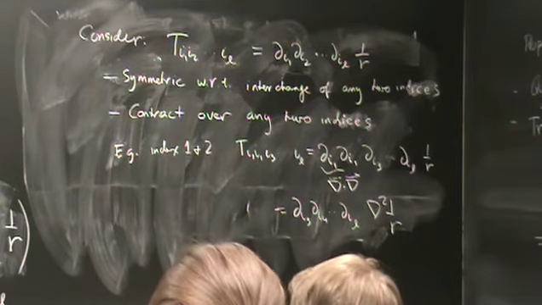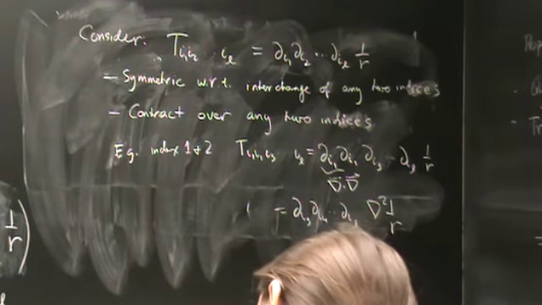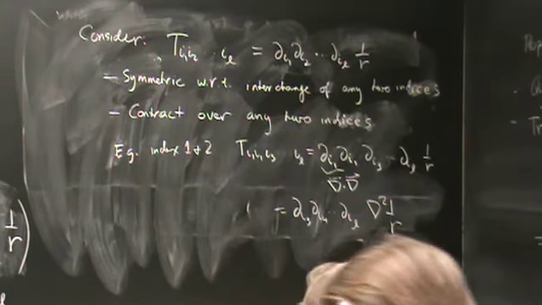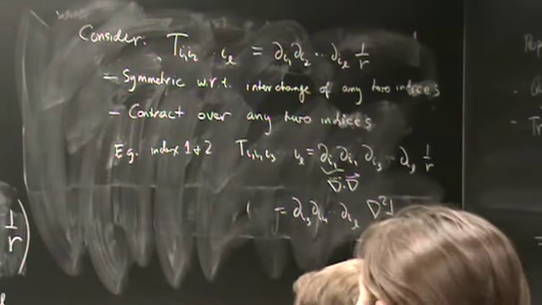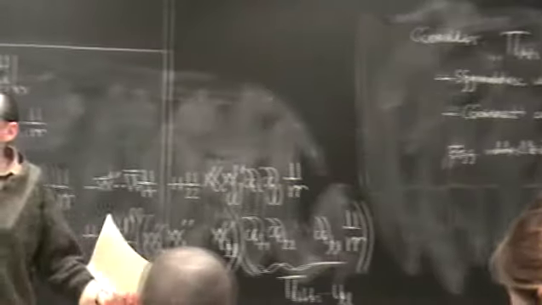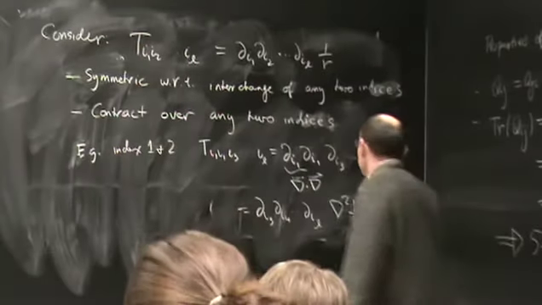Exactly. Generally, it's a delta function, where the delta function is non-zero where x is equal to x prime. But here, I'm way away from the charge distribution. So what's del squared 1 over r? Zero.